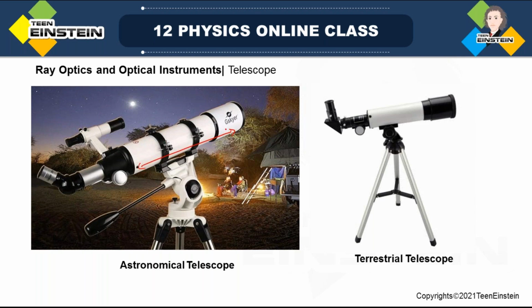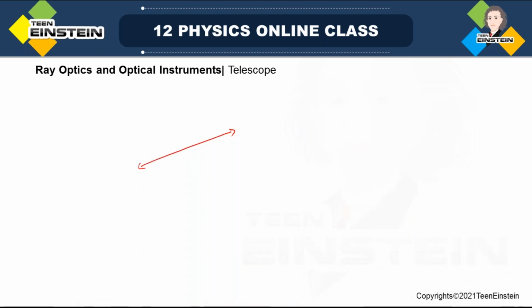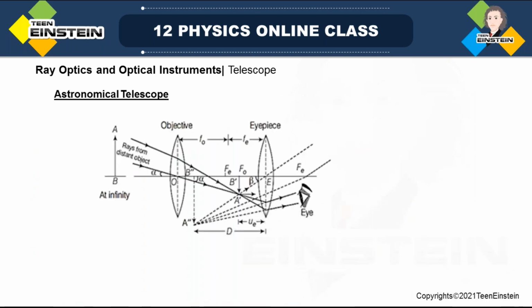So this is the tube, you can see that. It uses two coaxial lenses, as you can see from the ray diagram. There are two converging lenses. One is used as the objective, which collects the rays from the object. The eyepiece is situated near your eye, through which you see the image.